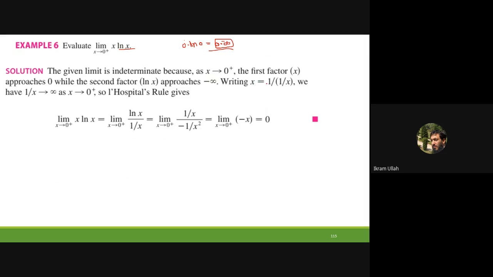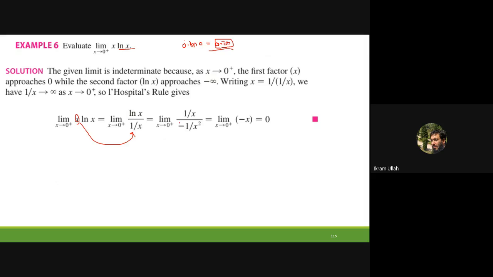We can write x in the form 1 over 1 by x, and 1 by x approaches infinity as x approaches 0. So we can write this in the form of a quotient: ln of x divided by 1 by x.